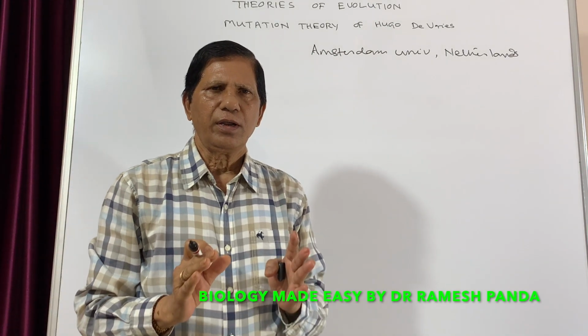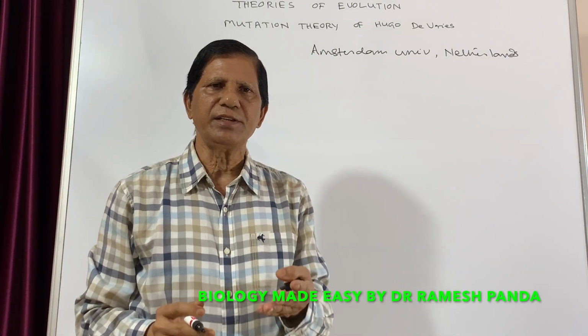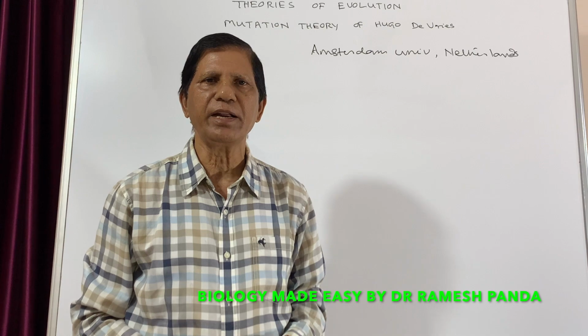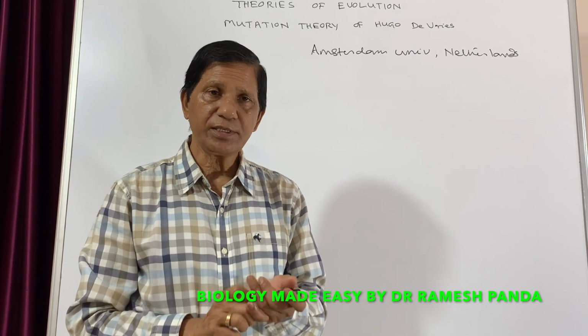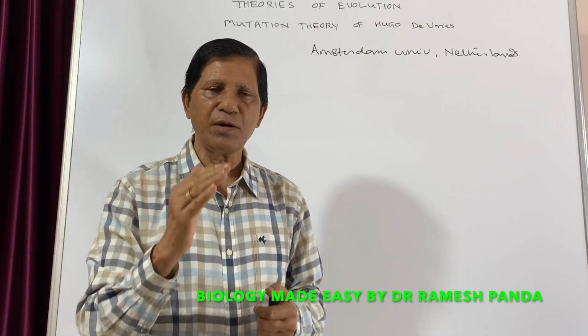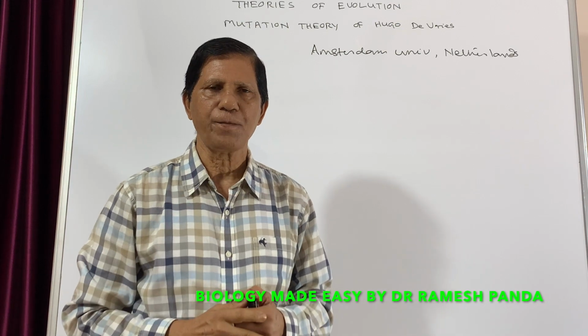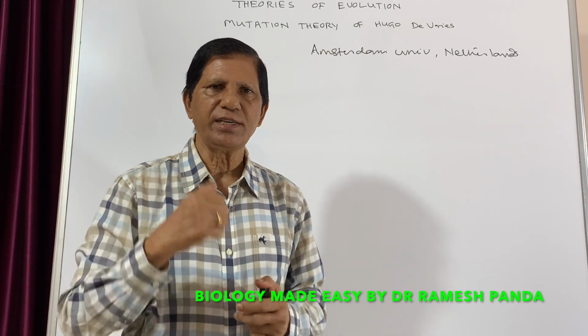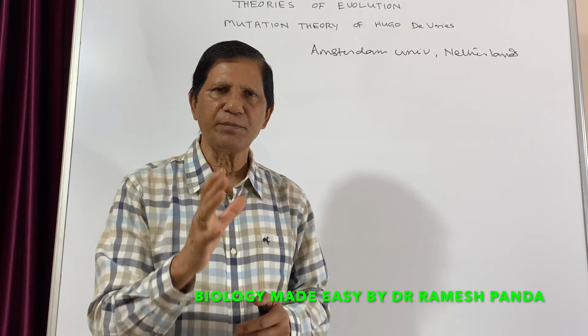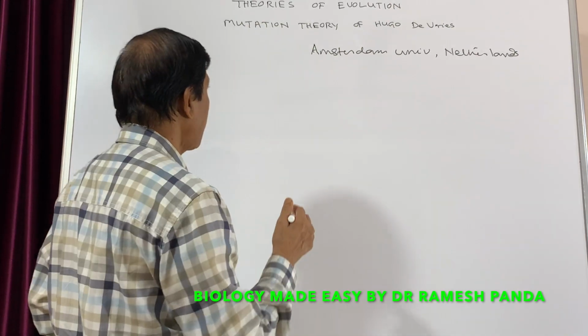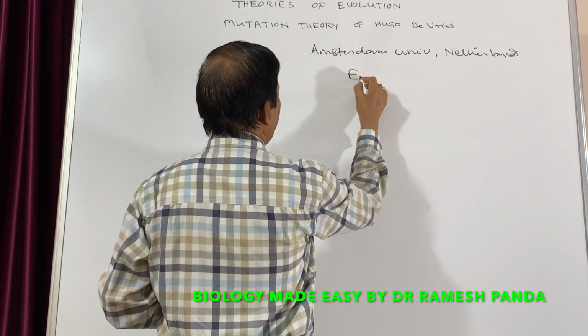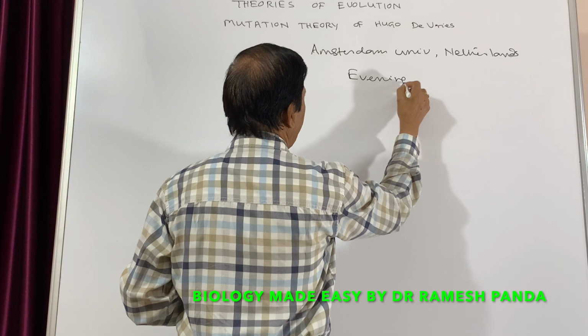So he was also the first scientist who rediscovered Mendelism. When he was the director and professor of botanical gardens, sitting outside his garden, he found a particular plant known as evening primrose.